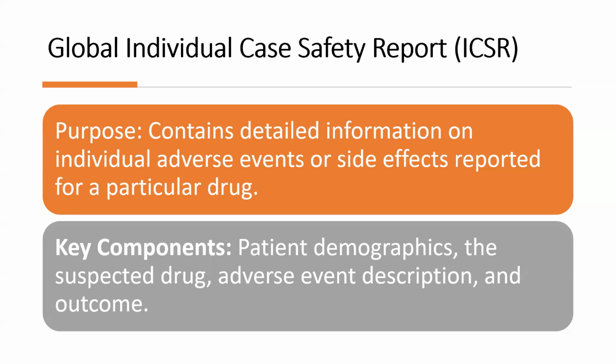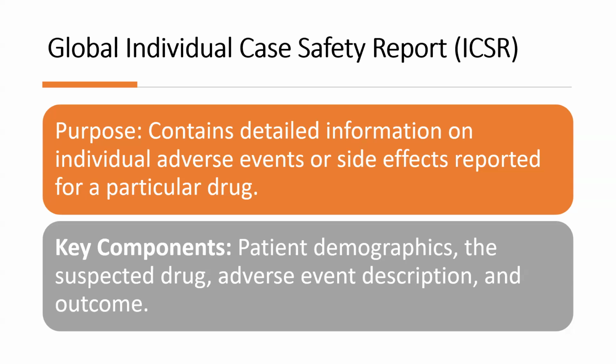So it is a key element of PV. And when we say ICSR, 80% or 85% of the PV industry revolves around this ICSR, because anyhow you have to work on the cases, whether it is a single case or an aggregate report.